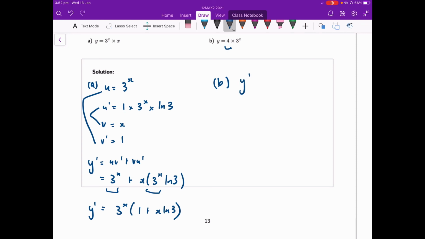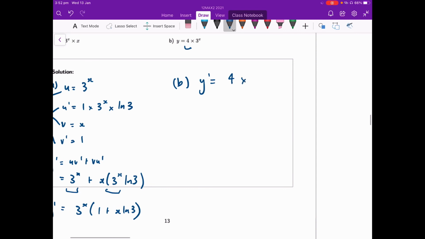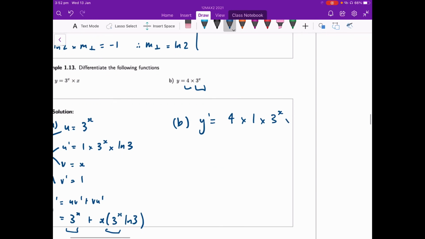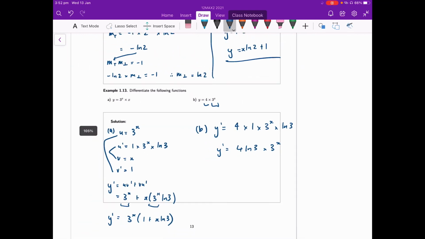So I'll have 4 multiplied by, now differentiating 3 to the x, the derivative of the power, which is 1, multiplied by the original function, using the rule that we have up here in the box, multiplied by ln, so log base e, and then the integer base there. So just to clean this up, I'll have 4 ln 3 multiplied by 3 to the x. Brilliant. So that's those two examples.